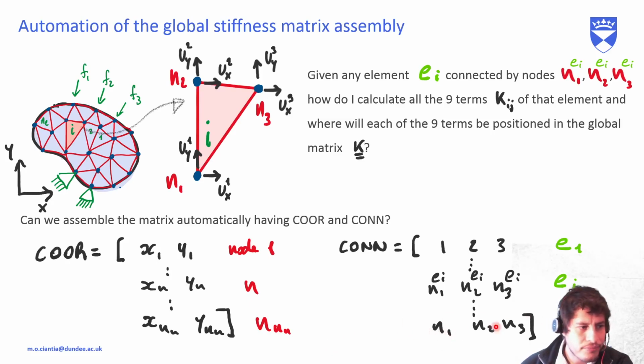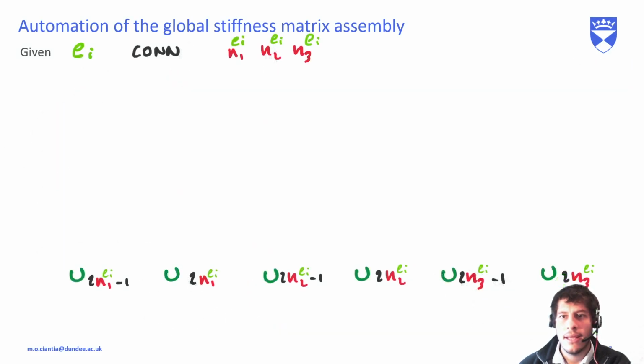And finally, the last element, E, the number of elements, is the last value, again will be n1 of E, and so on. I just forgot to put the subscript here, but this is clear, okay? Now, how do we connect? Okay, sorry, this should appear later, so forget what is here.